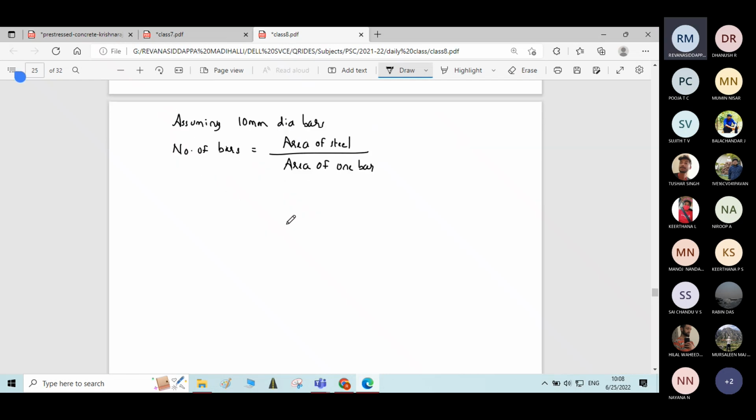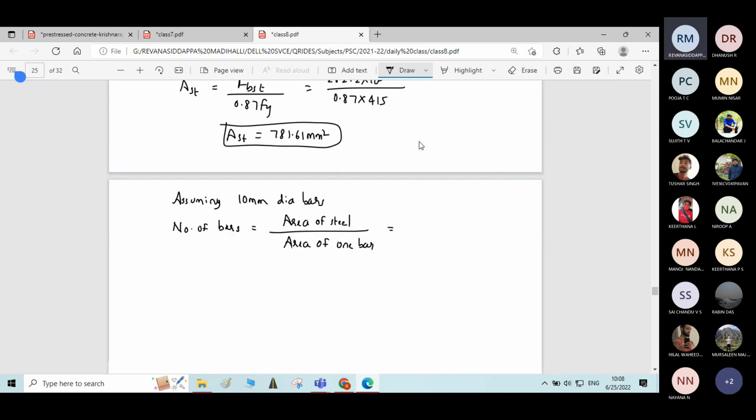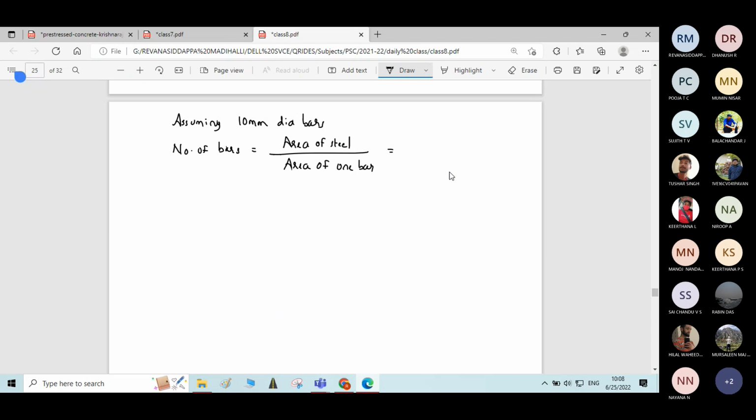The area of steel required is 781.61, divided by the area of one bar, pi into 10 square by 4, which will give the number of bars. If you calculate, you will get around 9.95, so you can round it up to 10 numbers.